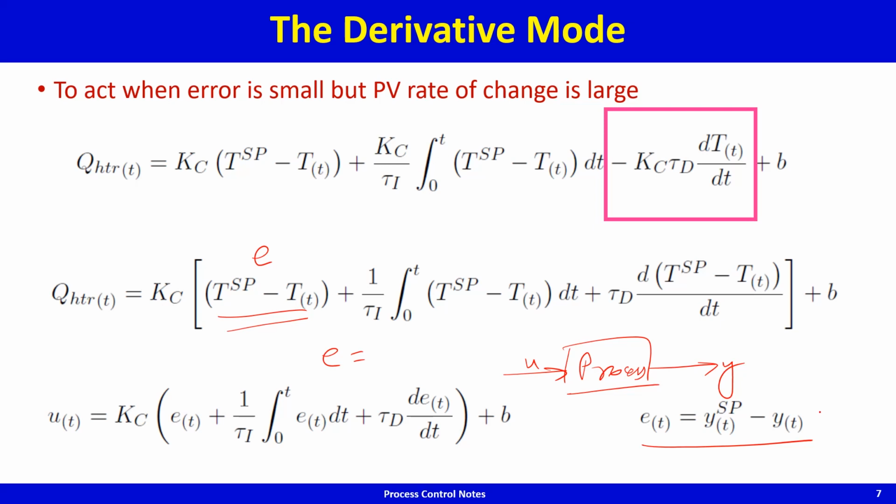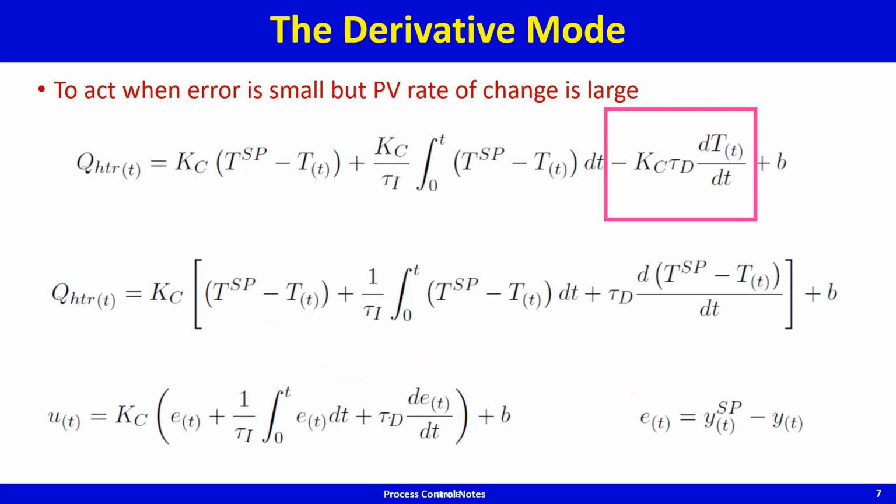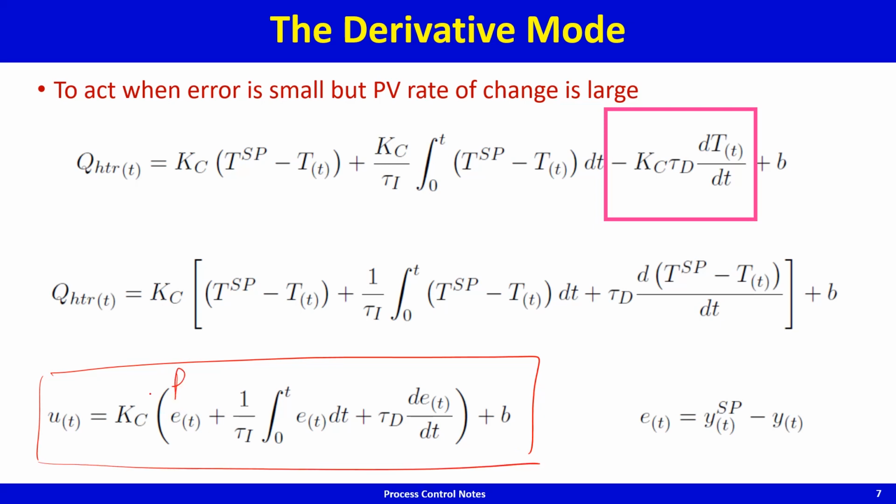So for the general case where the process variable is represented by y, the deviation away from y set point is represented by e, and the manipulated variable is represented by u, the position form of the PID control algorithm is this. This is the proportional part, this is the integral part, this is the derivative part, and of course the bias is required for proper initialization.